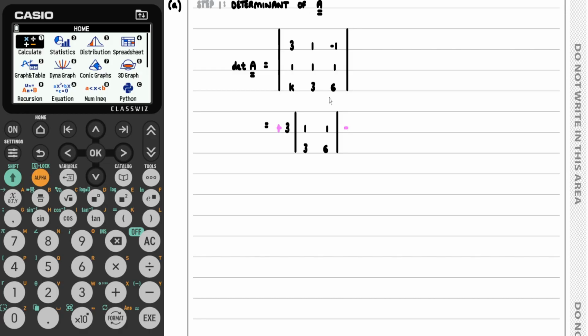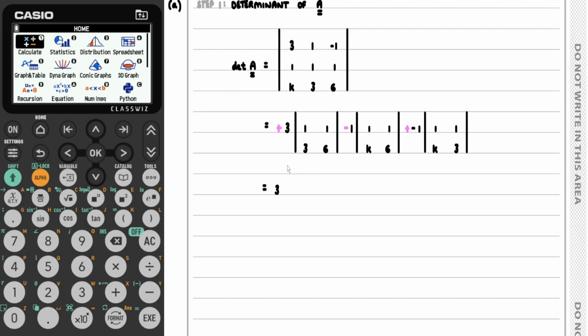Then I have minus 1 multiplied by the determinant of, well, I cover the first row and the second column, and I've got what's left over, 1, 1, k, 6. And then I've got plus negative 1 times the determinant of, well, I cover the first row and the third column, and what's left over is 1, 1, k, 3.